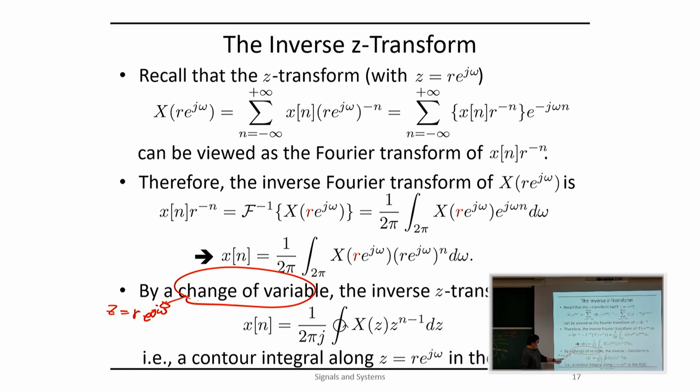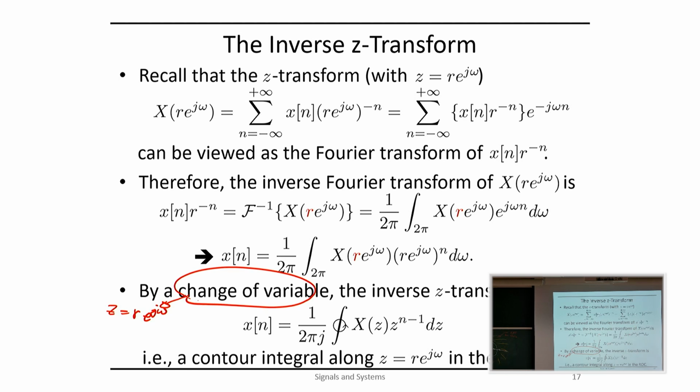We're integrating over r times e to the j omega for omega varying from 0 to 2 pi, so this is basically a circle with radius r. With the change of variable, this is a contour integral around this circle. Computing a contour integral is not that straightforward.